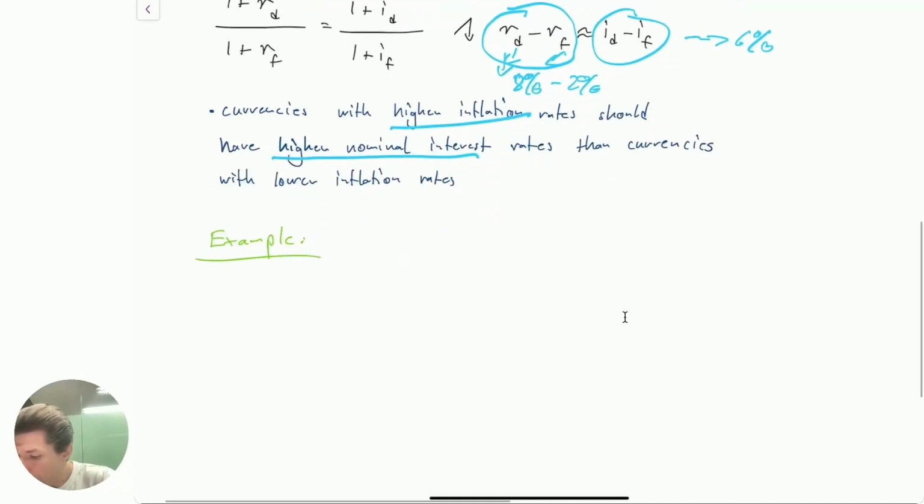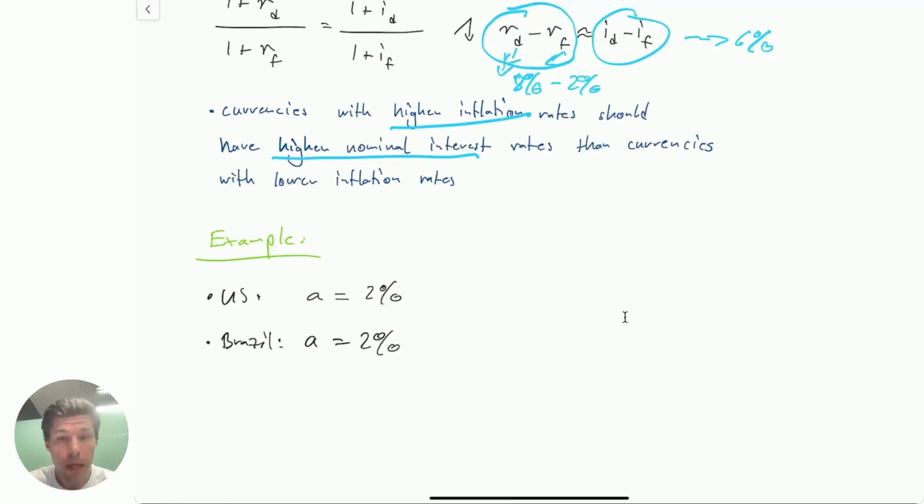Let's do an example. Let's assume the US has a real interest rate A of 2%, and let's look at Brazil. Here we assume A is also 2%. If this is not the case, money would move, and under parity conditions, arbitrage opportunities would exist, and you could move money from one place to the other and make riskless profit.